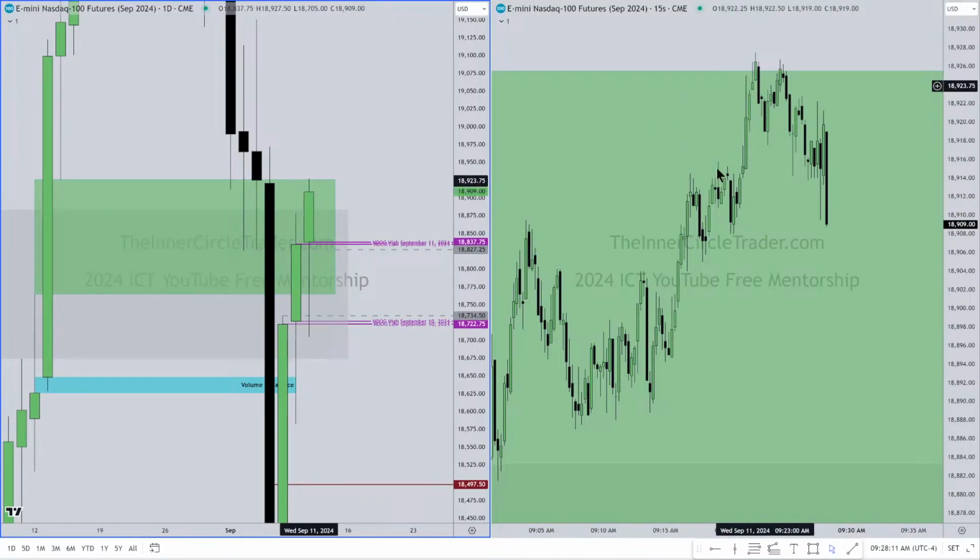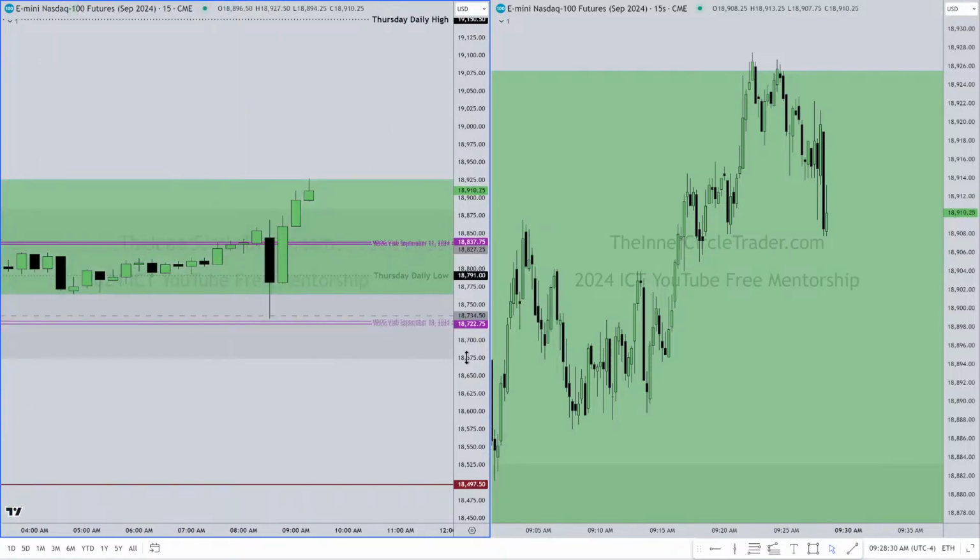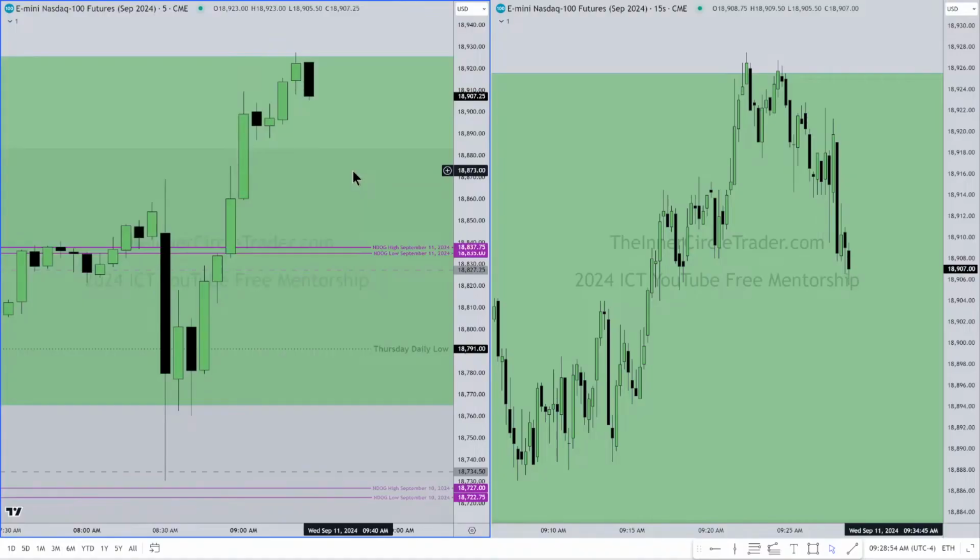This is a 15-second chart over here on the right-hand side. Go down to 15 on the chart on the left. 5-minute on the left-hand side chart.